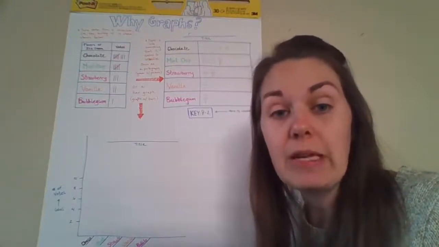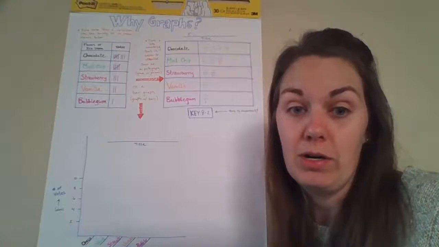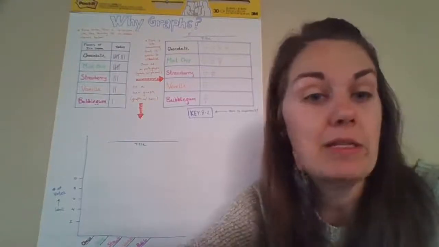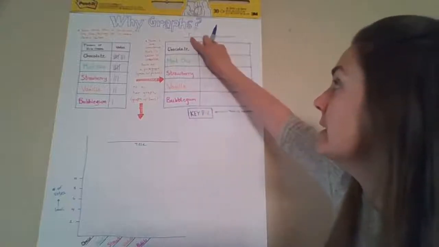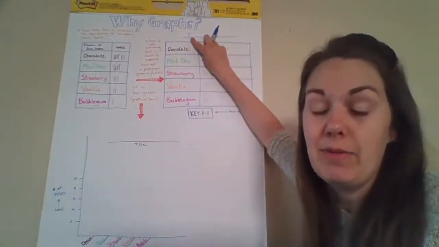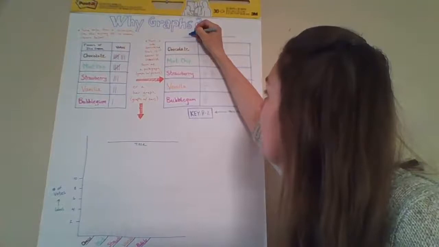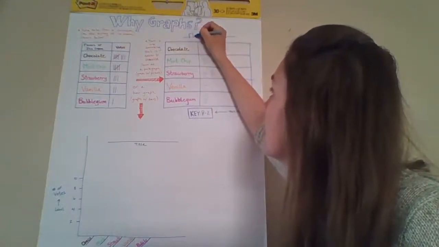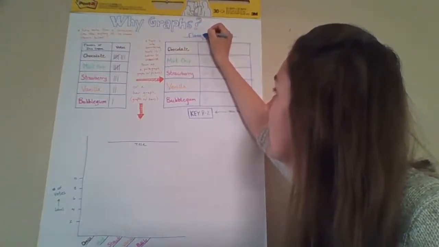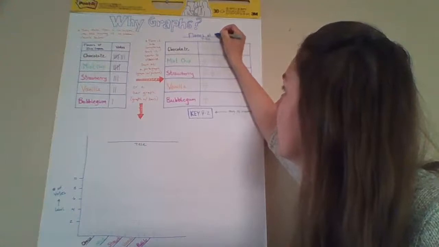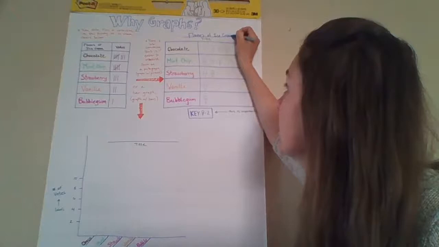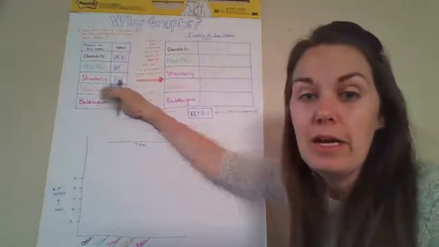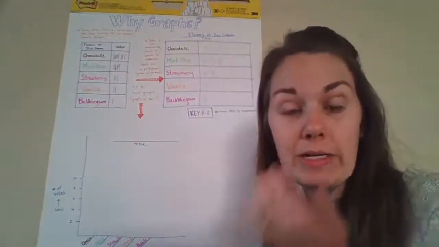Your title should relate to what you are asking, what is the information being presented. And so I'm going to title my pictograph Flavors of Ice Cream. That goes along with my data set over here. And it also tells about what it is that I'm showing.